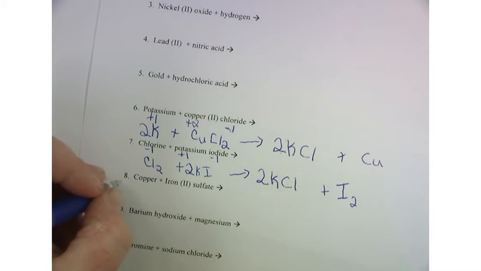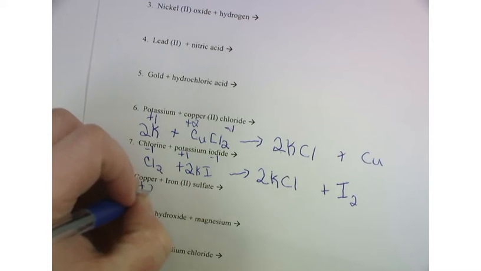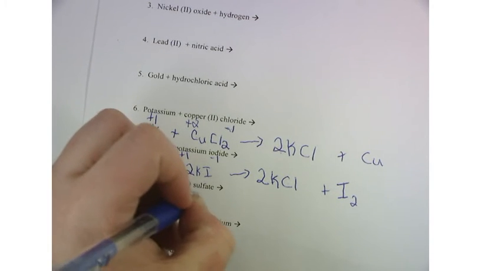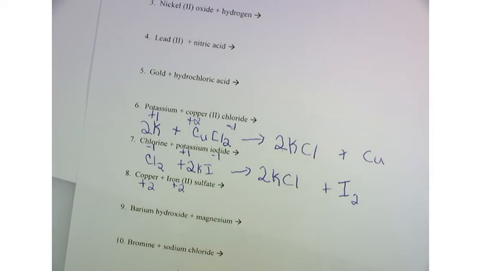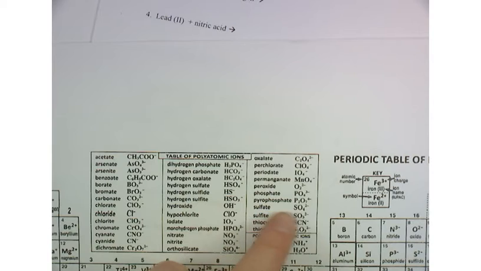For number 8, we don't actually have a charge here, so I'm going to call this copper 2. We'll go ahead and say this is +2. They give us iron 2, so this is +2. Sulfate, I need to double check my list of polyatomics. Sulfate is -2, so that would be SO4.